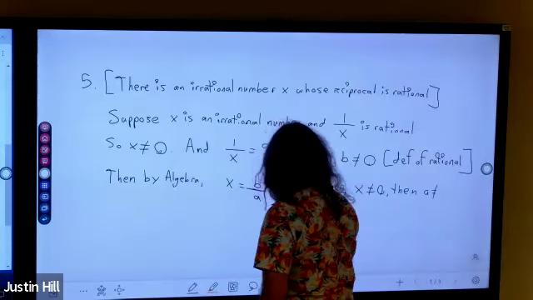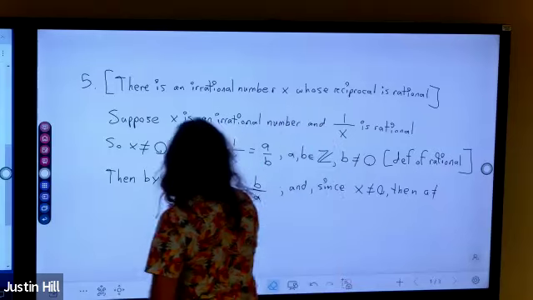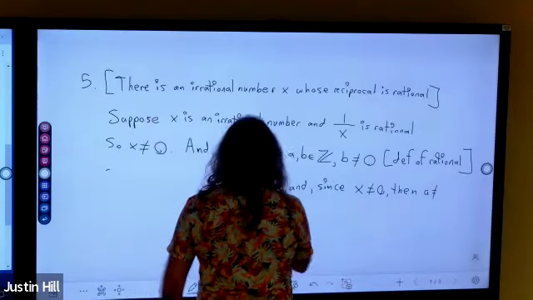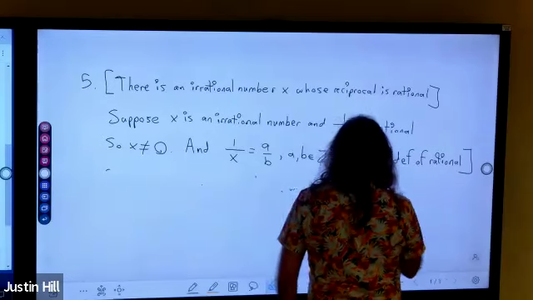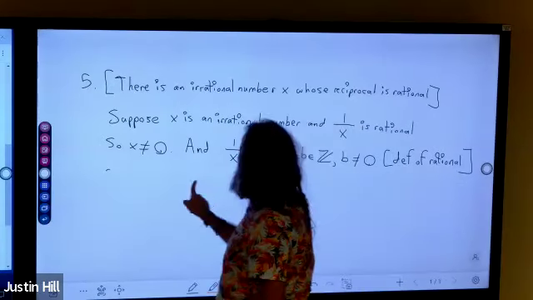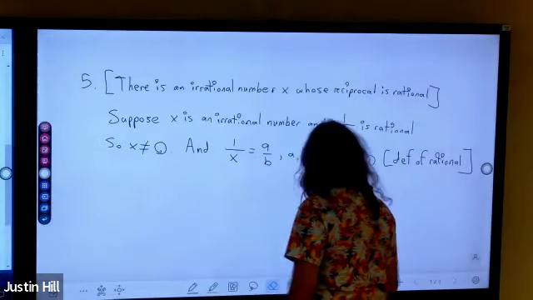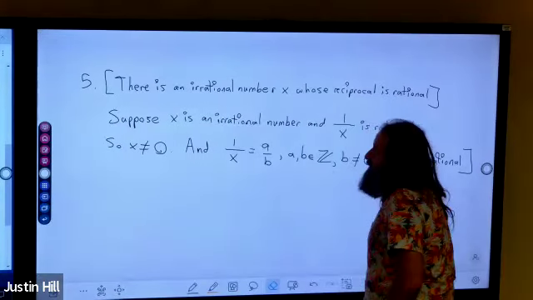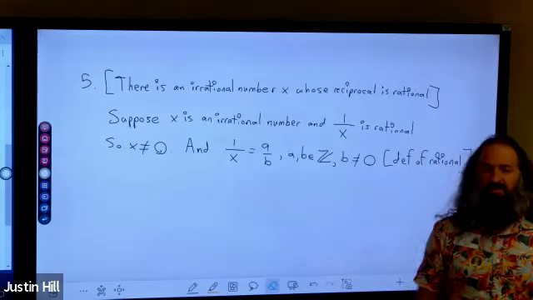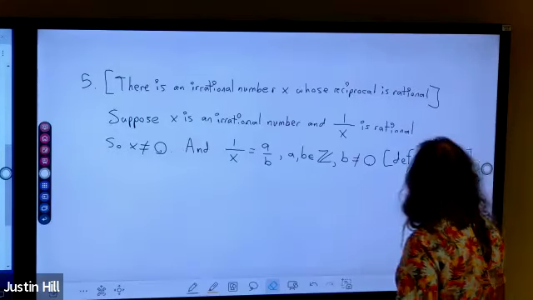Basically just save that for the next line. But okay, so x doesn't equal 0, 1 over x equals a over b. But if x doesn't equal 0, 1 over x can't equal 0 either.